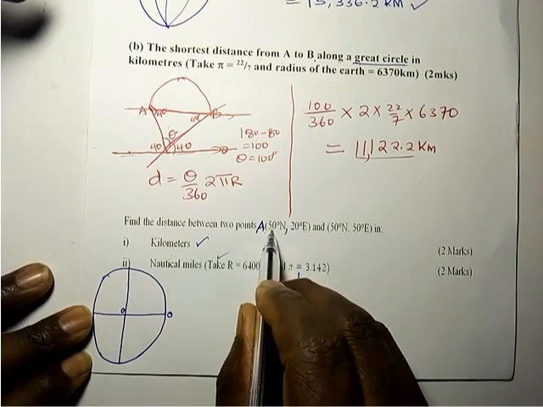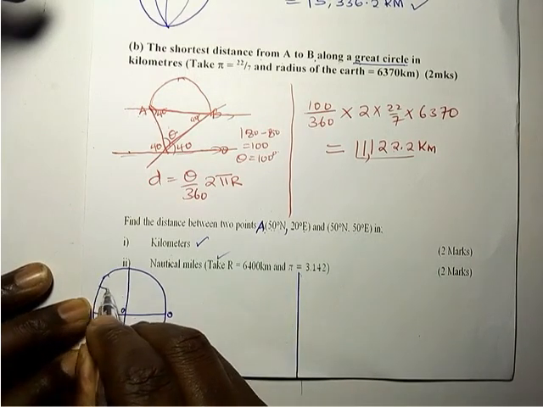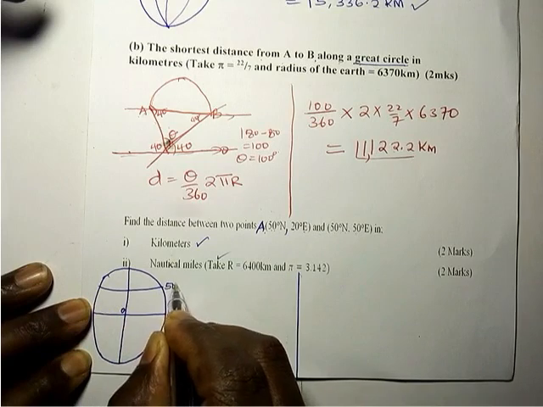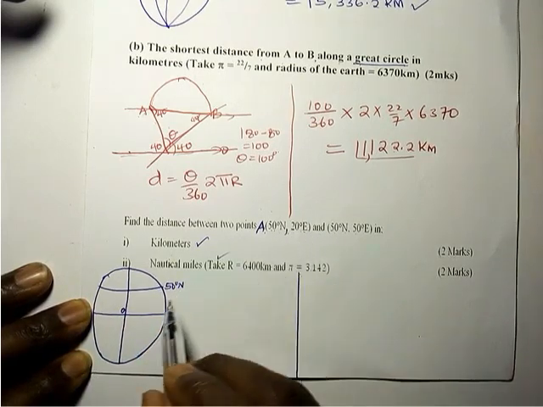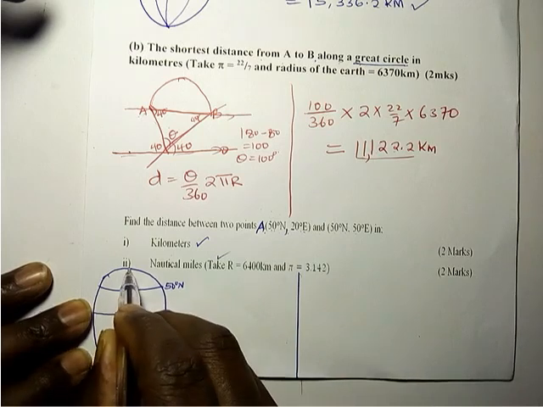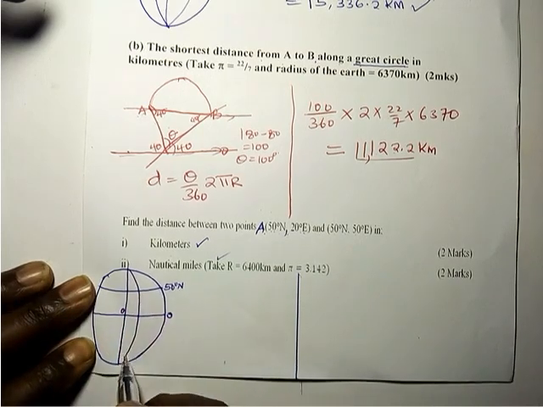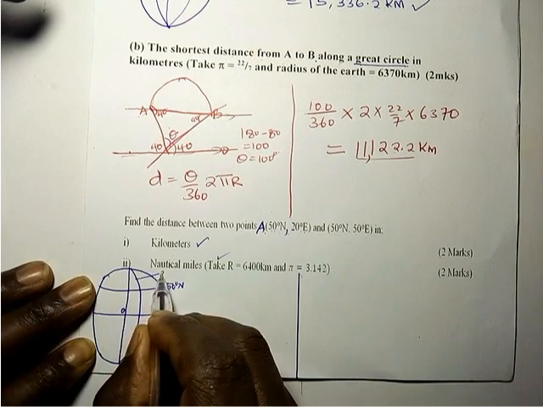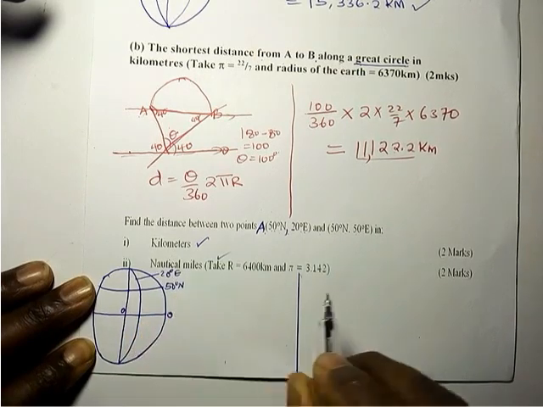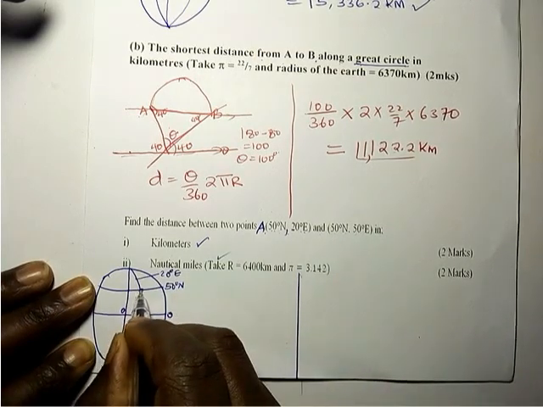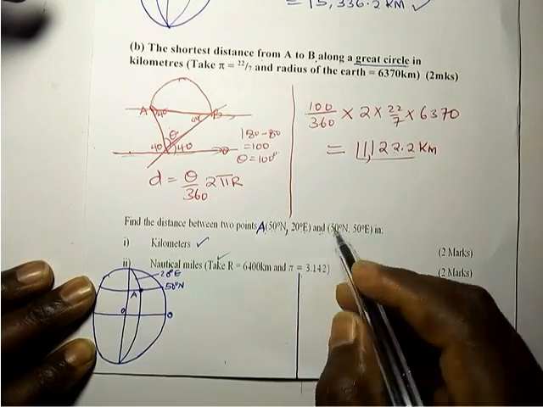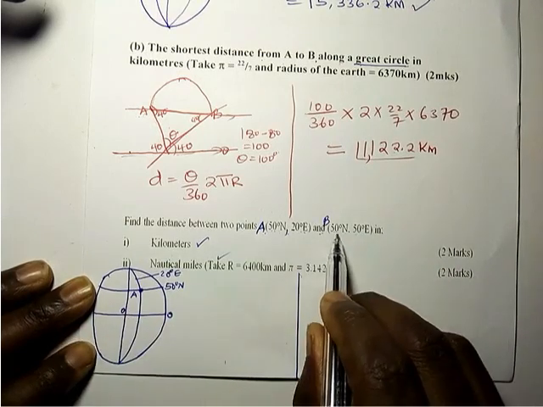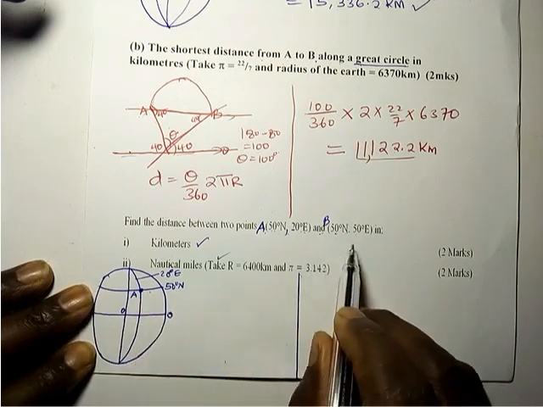So A is on 50 north. So 50 north could be somewhere there, 50 degrees north. And then we have 20 east. This is 0, so 20 east could be somewhere here. So this one is 20 degrees east. And remember this now is going to be our point A. And then we have B, let me call this one B. 50 north, the same latitude, 50 east.